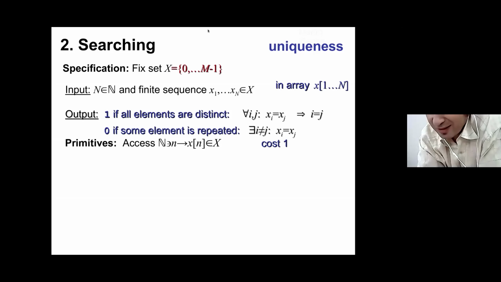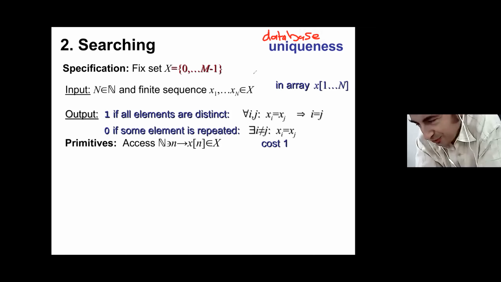The first idea was, let me write this one more time. I call this database uniqueness, a way of potentially testing faster whether all elements are equal, or some elements are equal, or all are distinct.